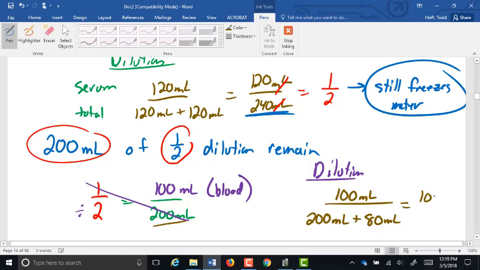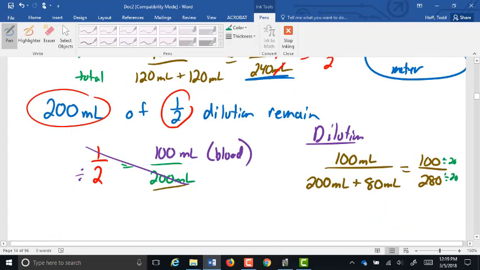So that's now 100 to 280. The milliliters are going to cancel out. And that'll reduce, well, let's divide both of those by 20. That becomes a 5 and 14 dilution.